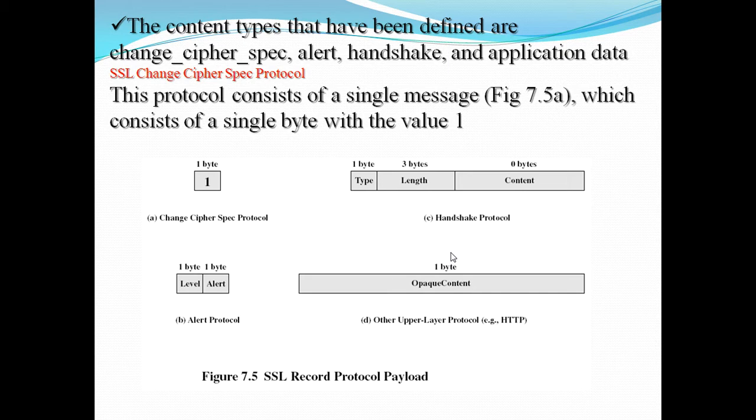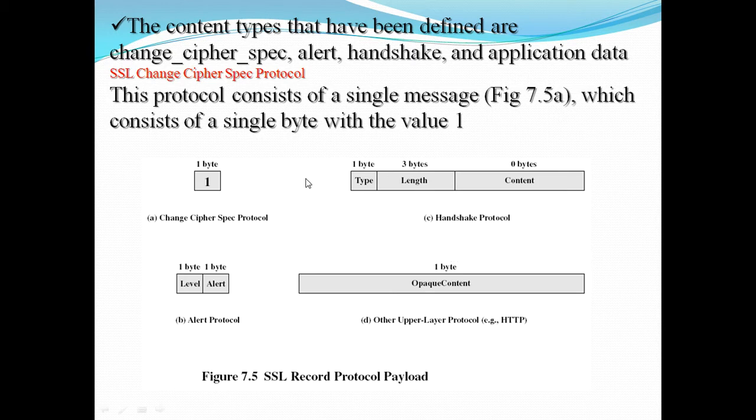Suppose there are any pending states in the SSL record protocol. Pending state means the output of the SSL record protocol is pending. Then this spec protocol is used to convert the pending state to the current state to complete the process. It is a simple protocol, used to move the pending state to the current state.